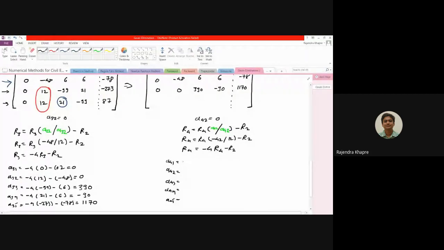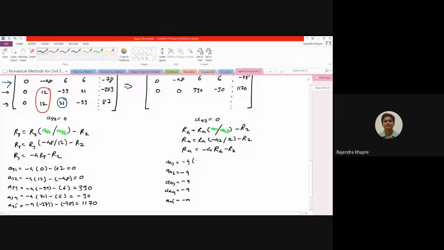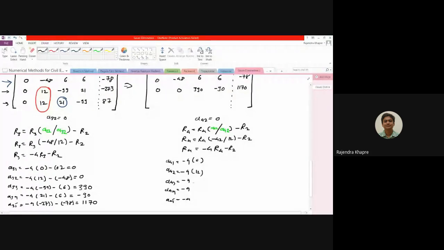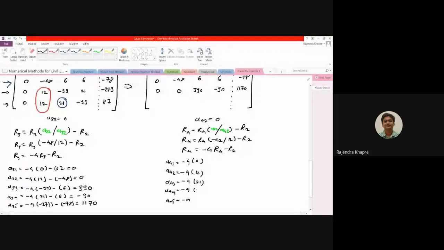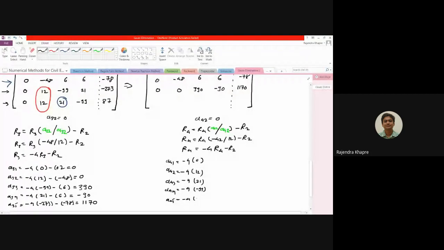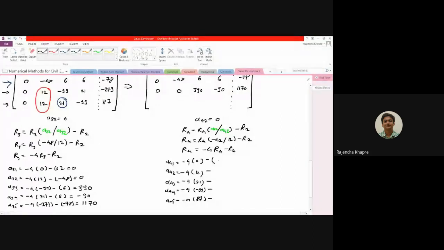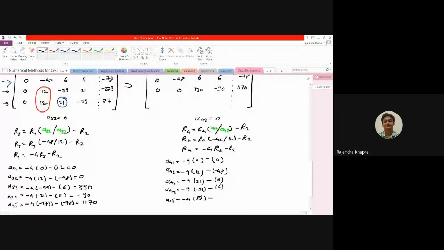This will again be minus 4 times r4, so r4 we have 0, then 12, then 21, then minus 99, and then 87. Then we have minus row 2: here you have 0, here minus 48, here 6, here also 6, and here minus 78.